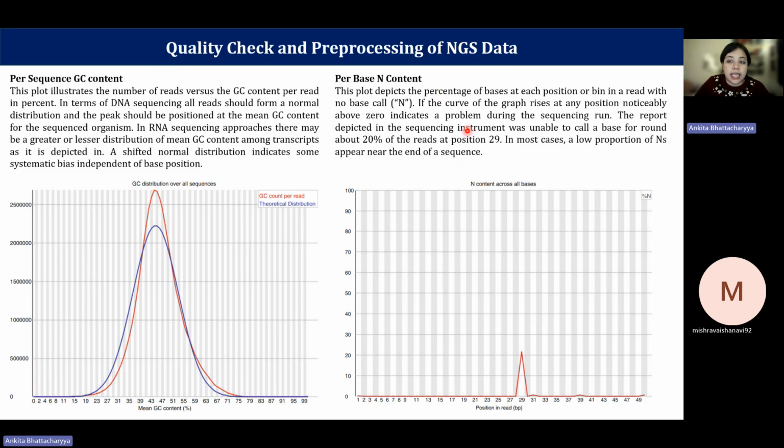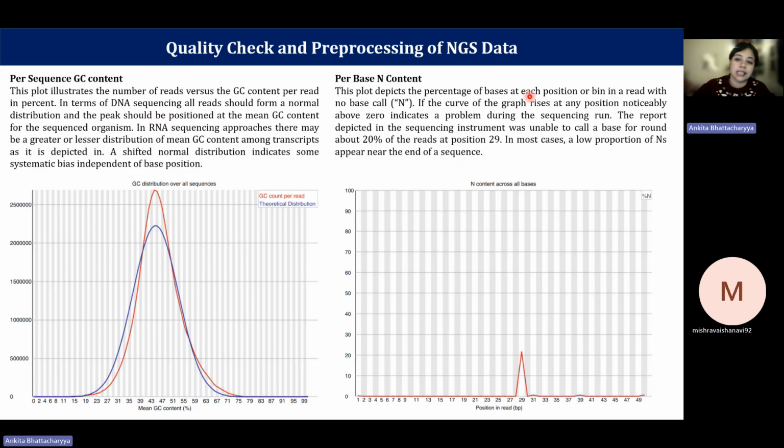Then you have per base N content, where you want to figure out how many times at a particular position in a particular sequence a base call has not actually been made, and instead the sequencing machine has annotated it as N, which means that it could not identify what the actual base there is, and it called a base N, where it can be any nucleotide.